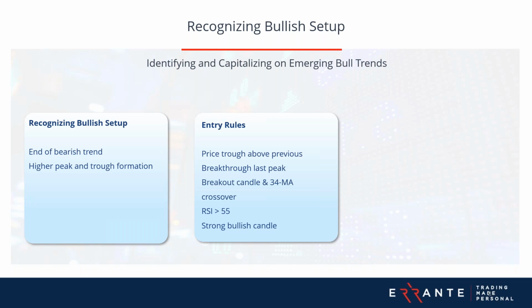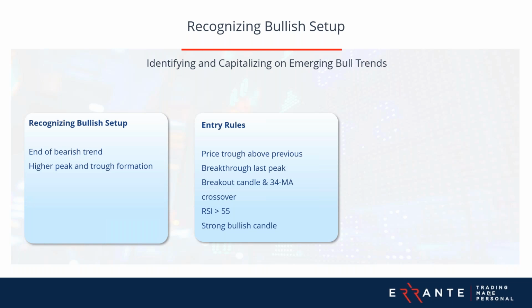But we also need to see a breakthrough of the last price top. This strategy calls for waiting until the price action breaches the last significant price peak or price top, indicating a potential trend reversal to bullish.